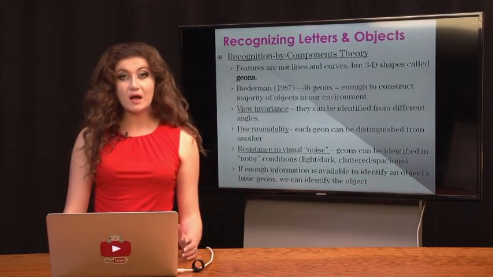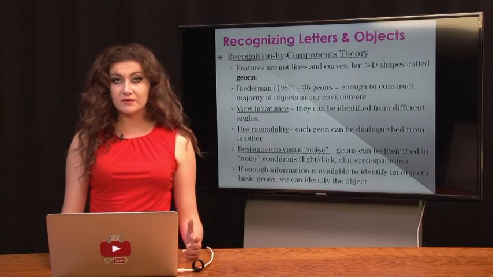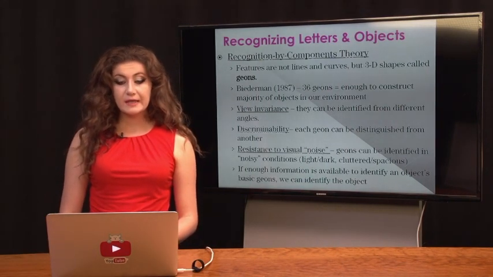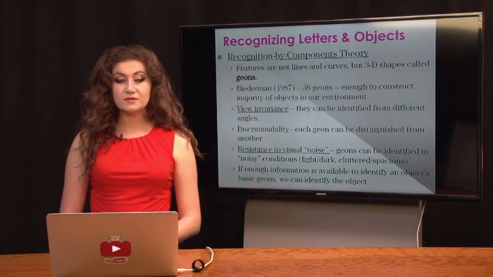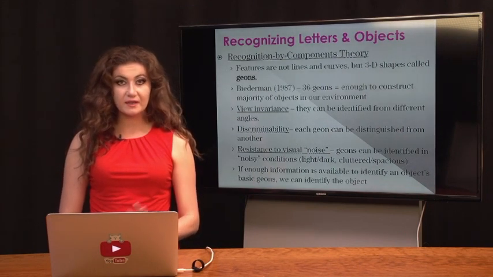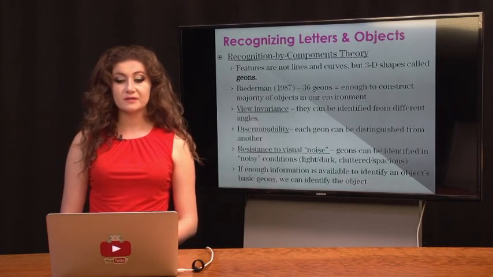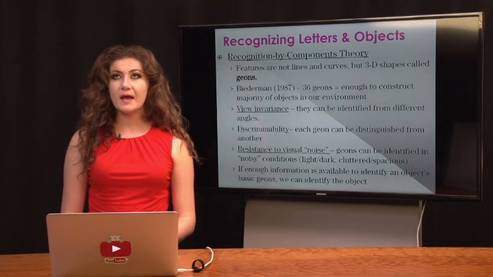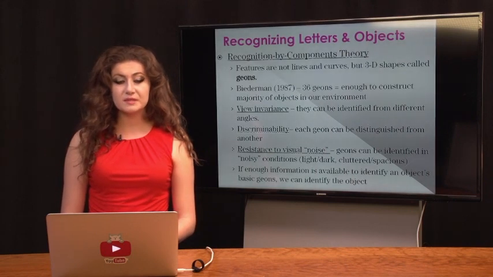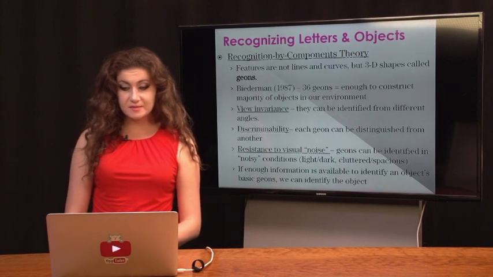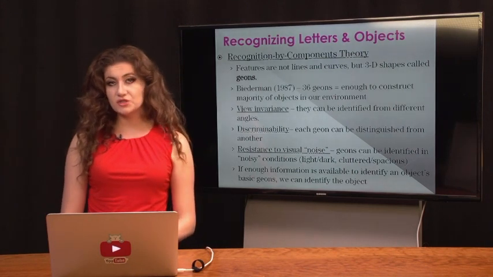Directly related to objects and perception of objects and how this applies to human factors is the recognition by components theory. This theory says that features are not lines and curves, as the previous model, the interactive activation theory, said, but actually we perceive things in 3D shapes. And the gentleman named Biederman, who coined this term, said that these 3D shapes are called geons.